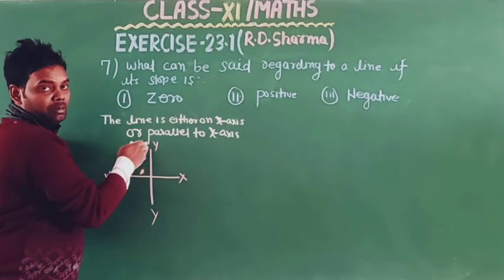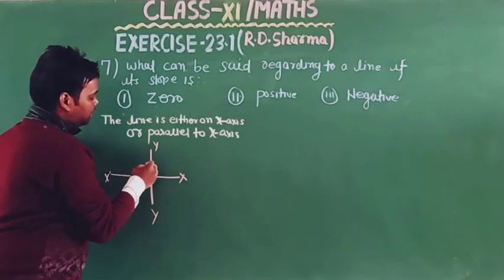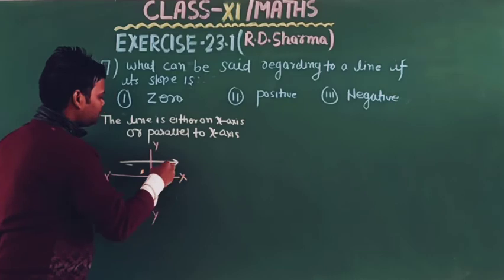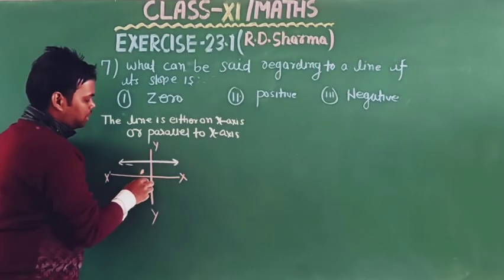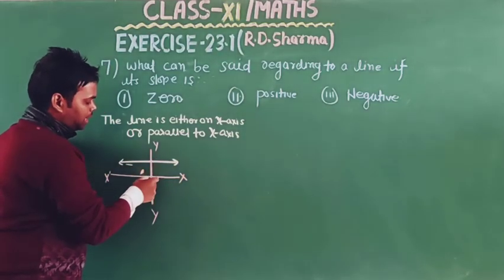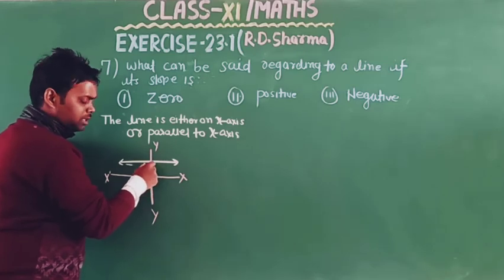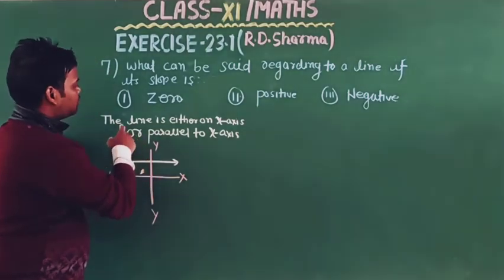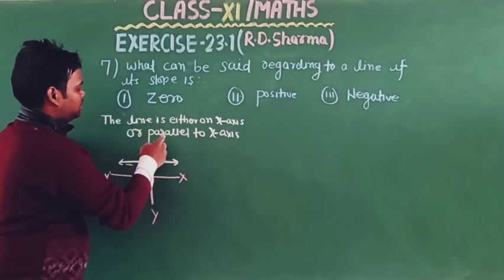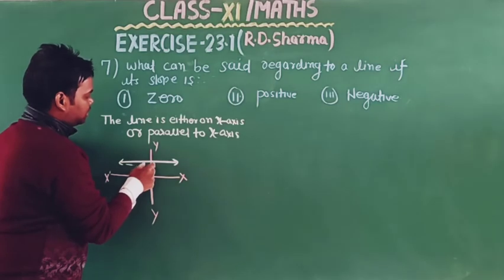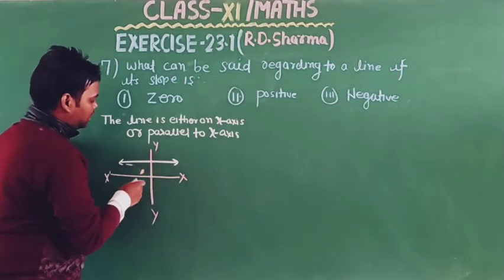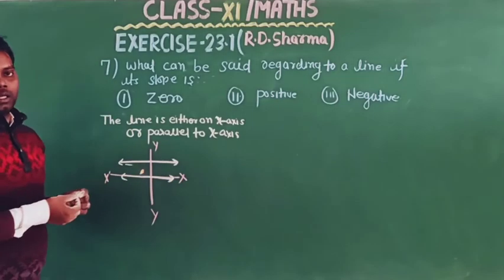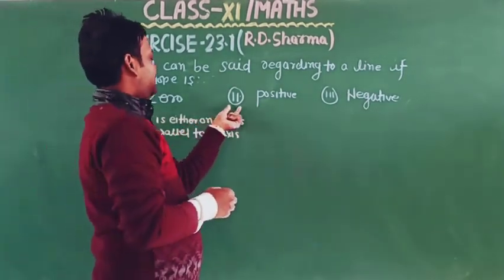When any line makes an angle 0, the line is parallel to the x-axis. If a line is parallel to the x-axis, then the angle between the line and the positive direction of the x-axis becomes 0. So the line is either on the x-axis or parallel to the x-axis. This is clear. Now move to the second part.